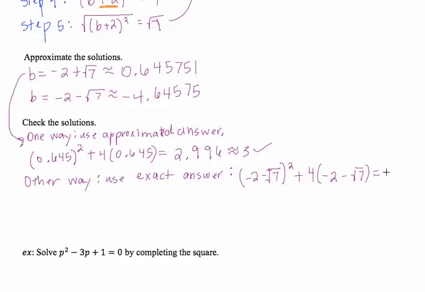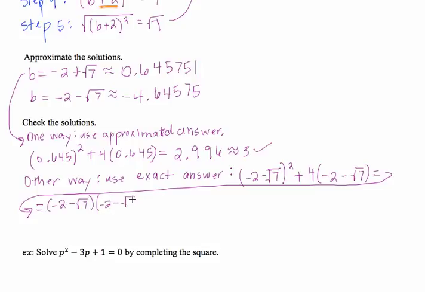I'm going to bring this around and down here for space. Now to square that, we'll need to FOIL that out. So it's -2 minus radical 7 times -2 minus radical 7. Then over here we can go ahead and distribute that 4 to get a -8 minus 4 times radical 7. This should simplify quite a bit pretty quickly here. Now when we FOIL this, over here we have -2 times -2, which is +4.